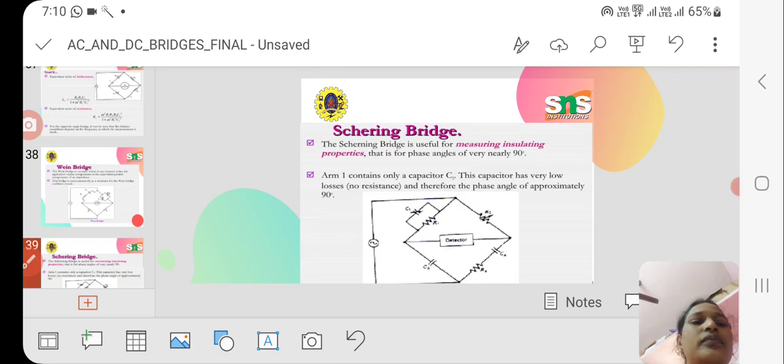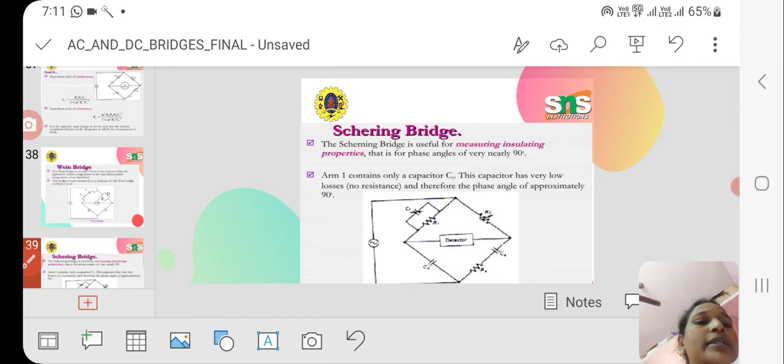And a non-inductive resistance R1 is connected in parallel with a variable capacitor C1. So this is the construction of the Schering Bridge.